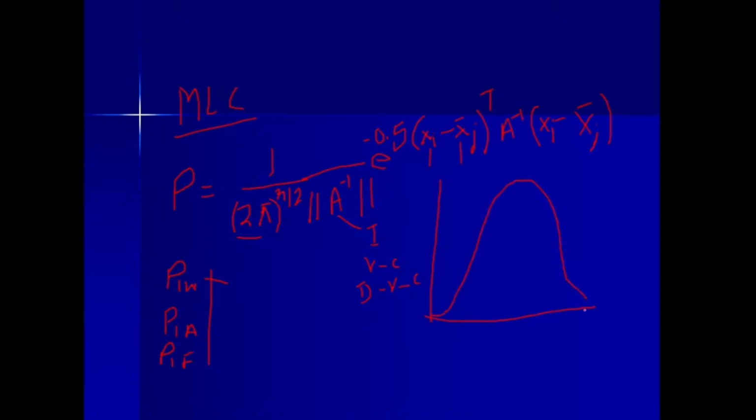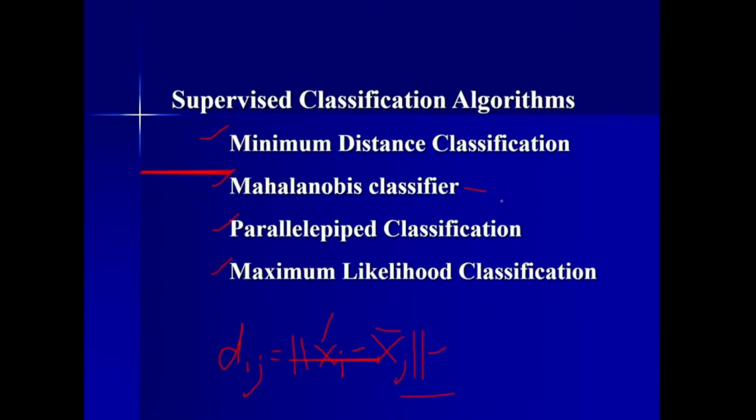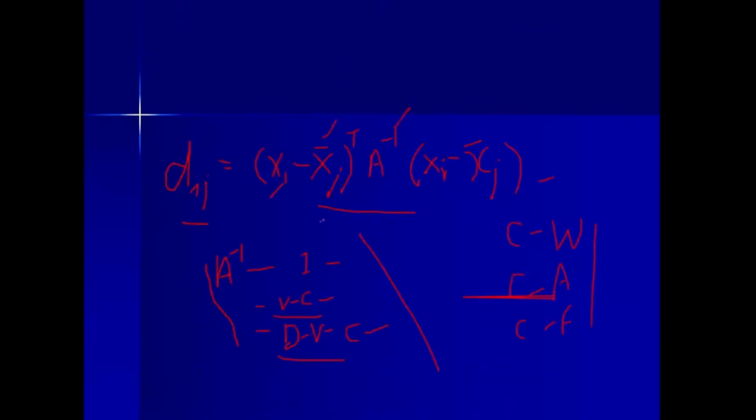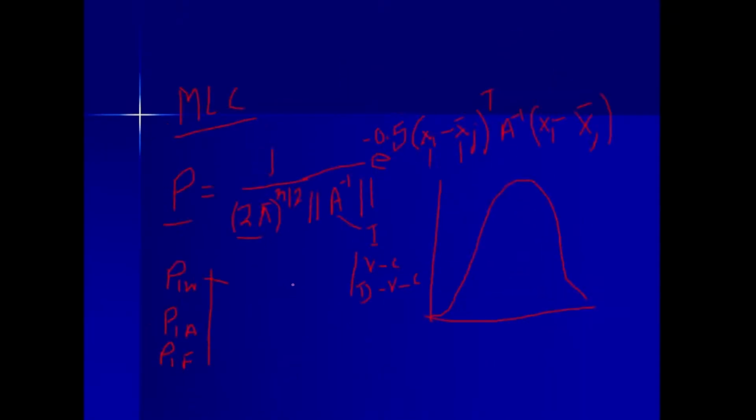In case the data in each band, which you can check on the training data, does not follow the normal distribution, then the algorithms using the variance covariance matrix, like the maximum likelihood classifier with A inverse as a variance covariance or diagonal variance covariance matrix, or the Mahalanobis distance, may not give very good results. From the commercial point of view, commercial software uses only the variance covariance matrix in the maximum likelihood classifier.